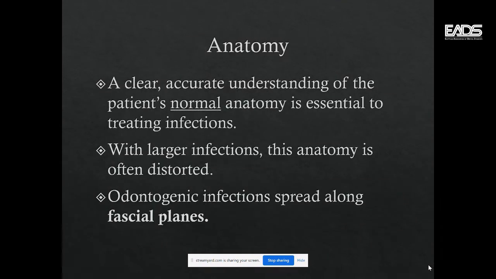As for the anatomy, we need to have a clear understanding of this because it is essential in treating this type of infection. With larger infections, this anatomy is often distorted, so it's really hard to know exactly where things are, as they are distorted as they become big, or maybe they are completely torn apart.